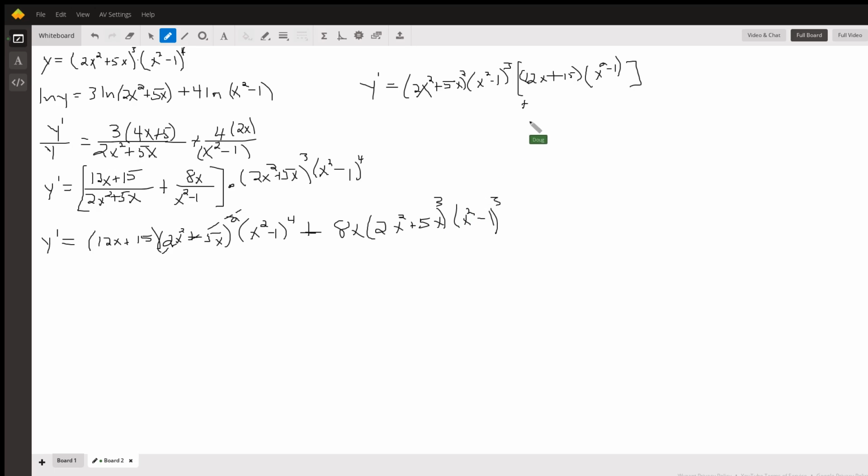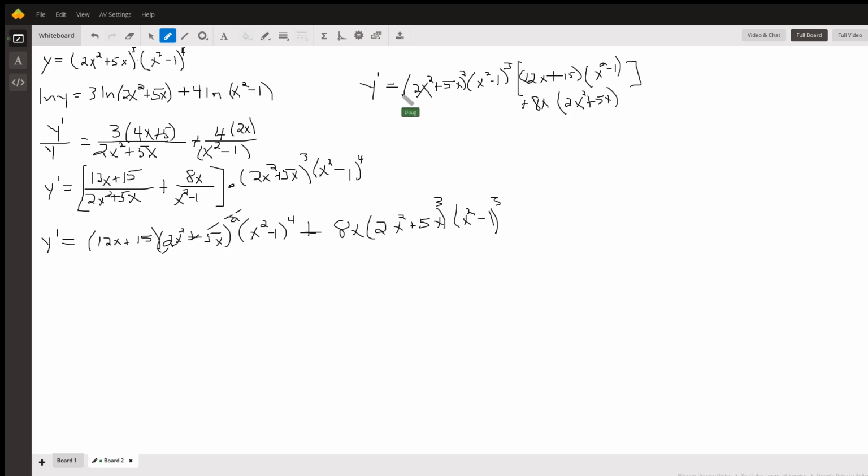I've got an 8x times 2x squared plus 5x. And now we can multiply these two binomials together, combine similar terms, and we'll have that third term, okay?